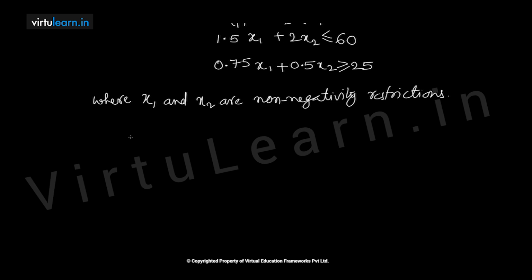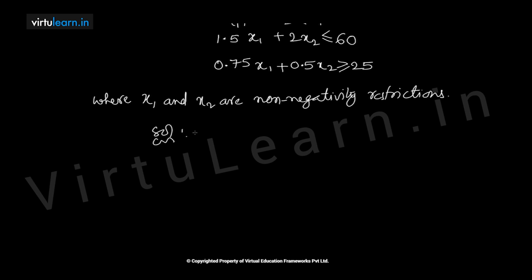Now we'll solve this. In any maximization problem, if we have to convert that into dual, what we should ensure is that all the constraints should be in the form of less than or equal to.